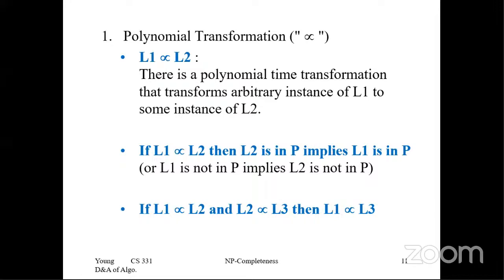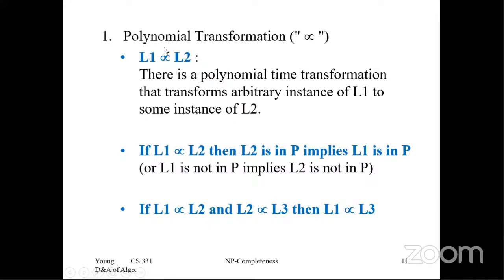And this means that there is a polynomial time transformation that transforms an arbitrary instance of L1 to some instance of L2. So therefore, if L1 transforms to L2, then L2 in P implies L1 in P, or L1 not in P implies L2 is not in P, because there is a transformation.